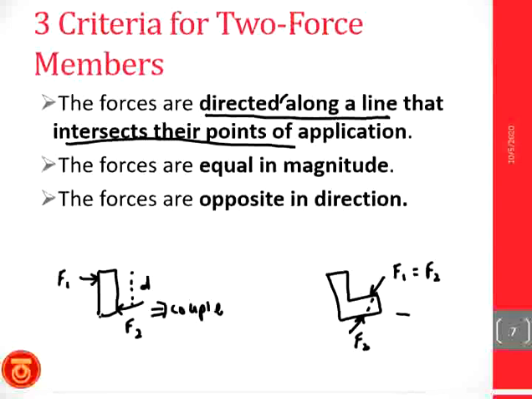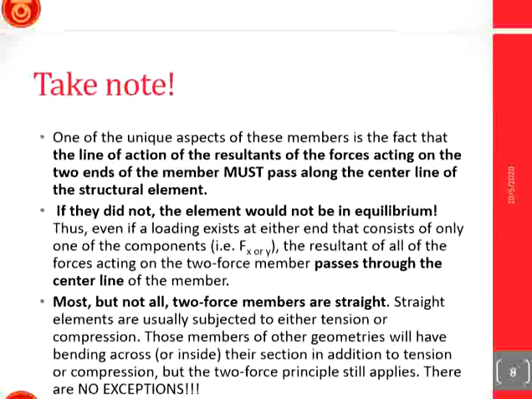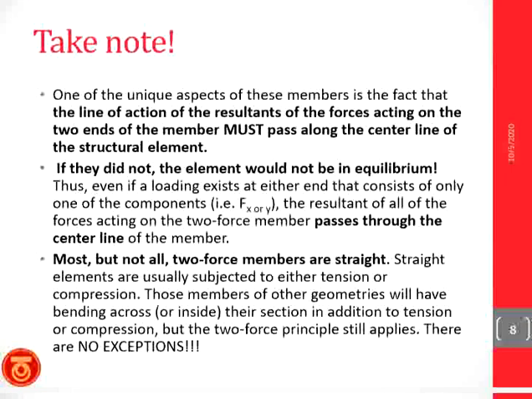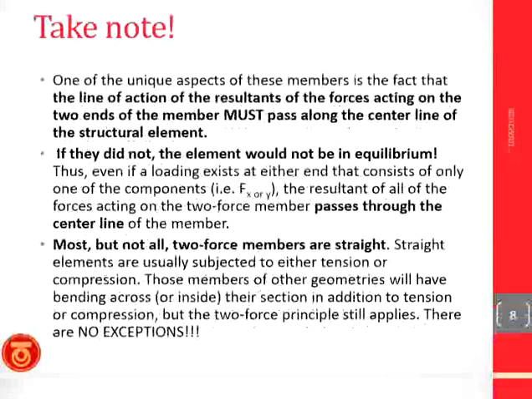So this is the criteria for a two force member. The difference is the distance, but for a two force member the forces act along the same line. Okay, so this is the important point for a two force member.